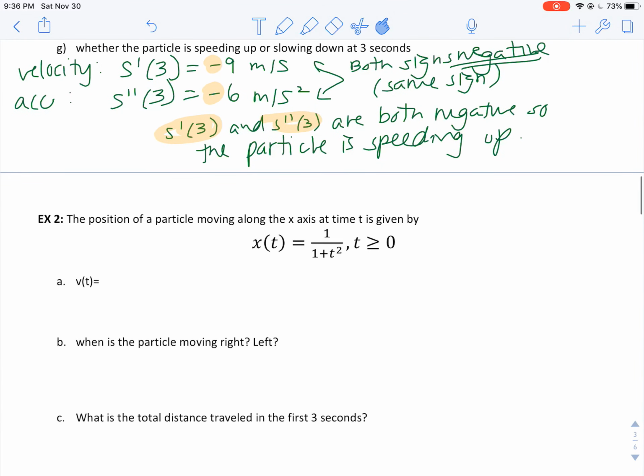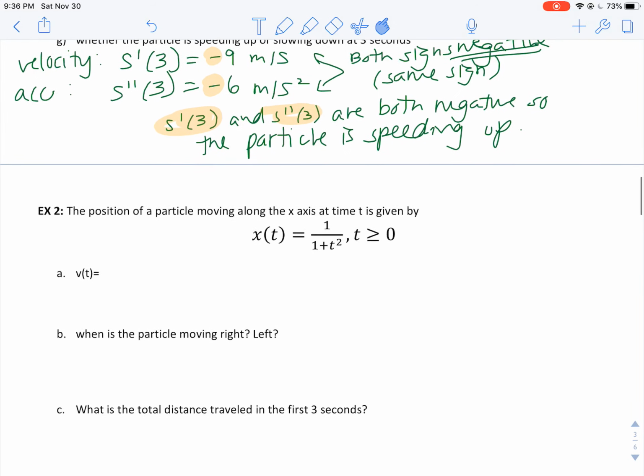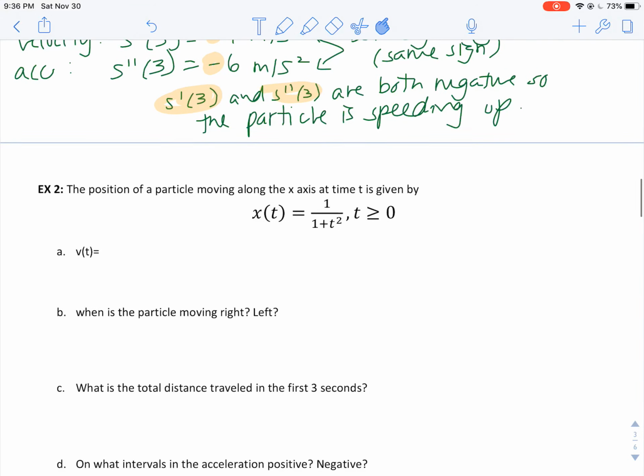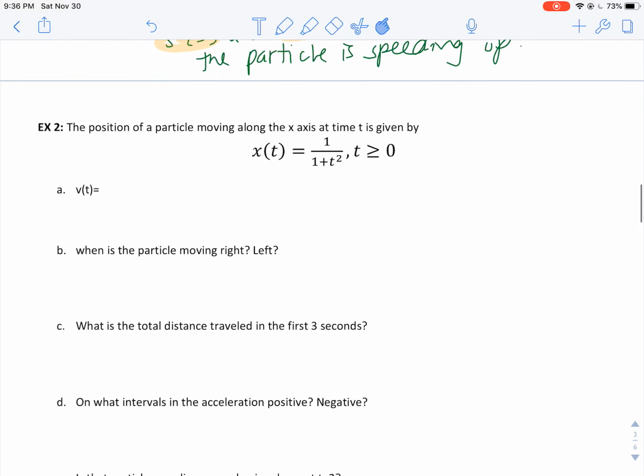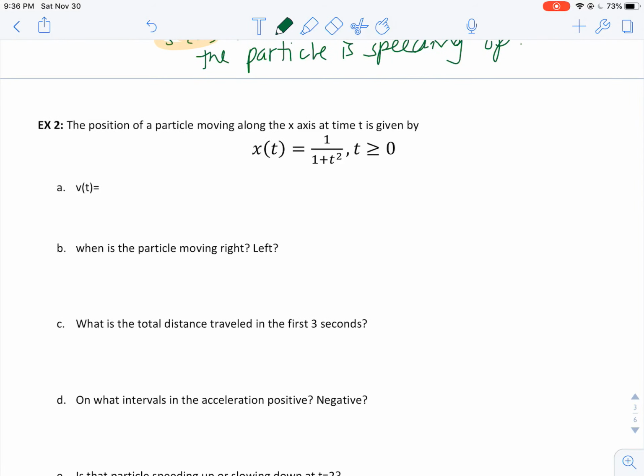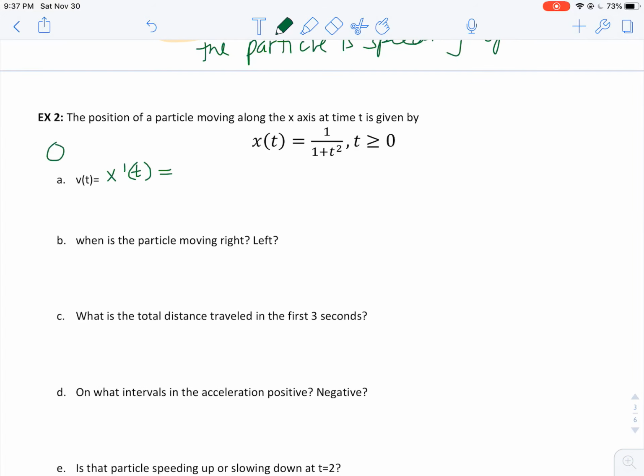All right, so same type of problem, only the algebra gets a little bit tricky in here. First off, when we're finding our velocity, that is going to be the first derivative, right? It's going to be x prime of t. And we need to use a quotient rule for this.